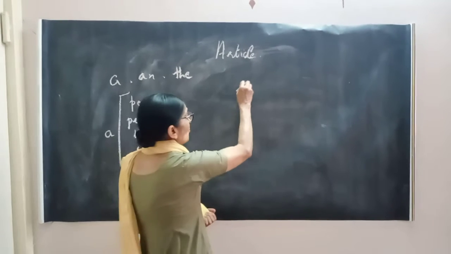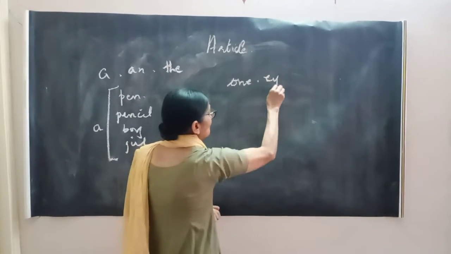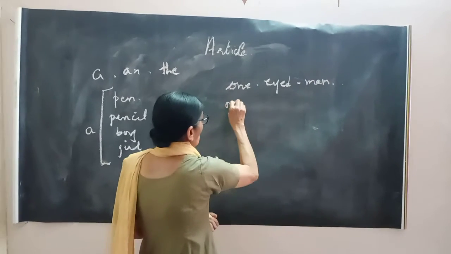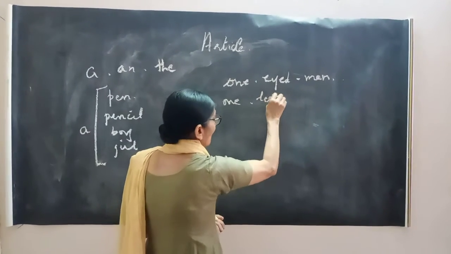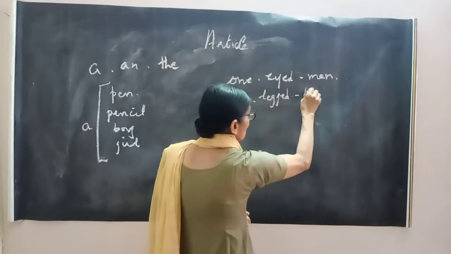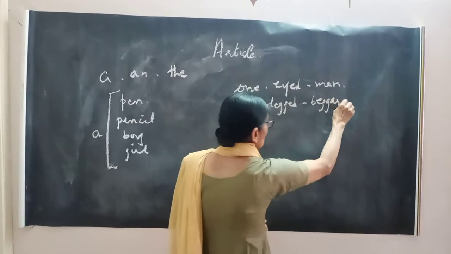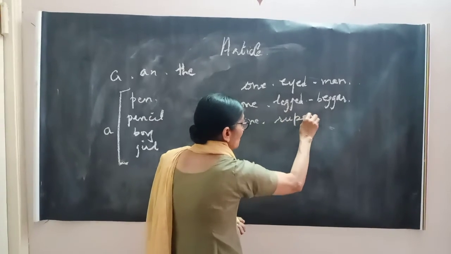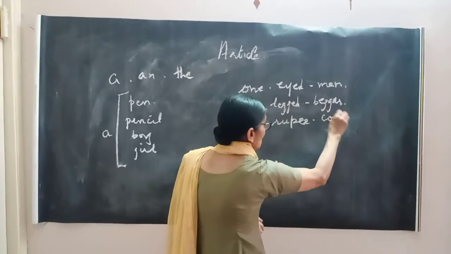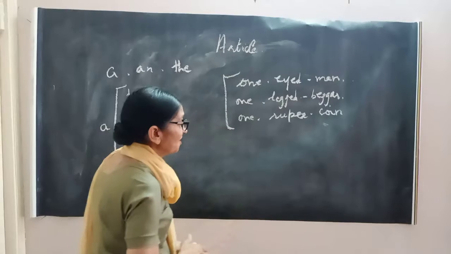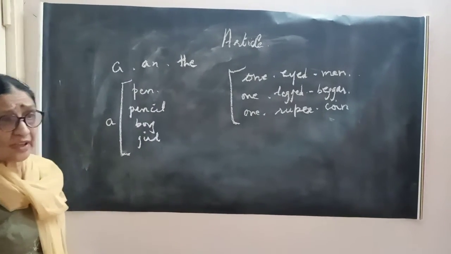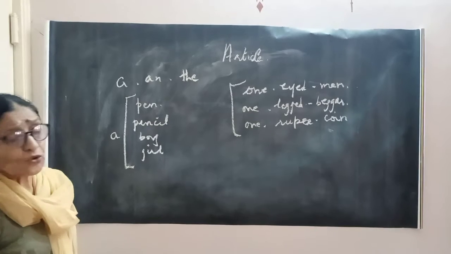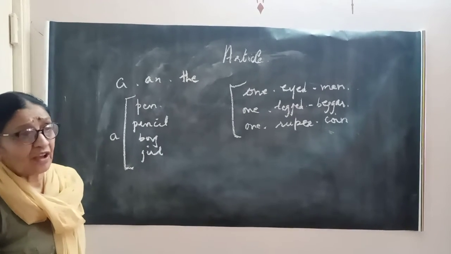If I write one-eyed man, one-legged beggar, 1 rupee coin. Mostly these sentences come in competitive exams or whichever exams you are going to give. They will give you the choice to write a or an.